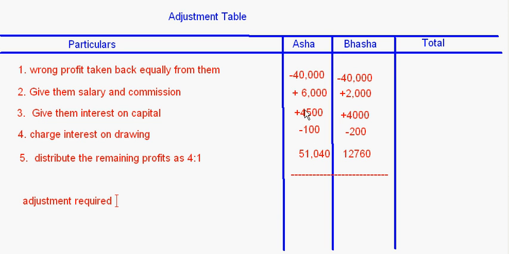So all the three added together minus 40,100 comes to plus 21,440, right? And here it will be minus 40,000 minus 200, so minus side is more, so it is minus here, and this comes to 21,440, right? So to Asha we have to give 21,440, and from Basha we have to take 21,440. So this finishes our adjustment table, and this will be reflected in the journal entry.